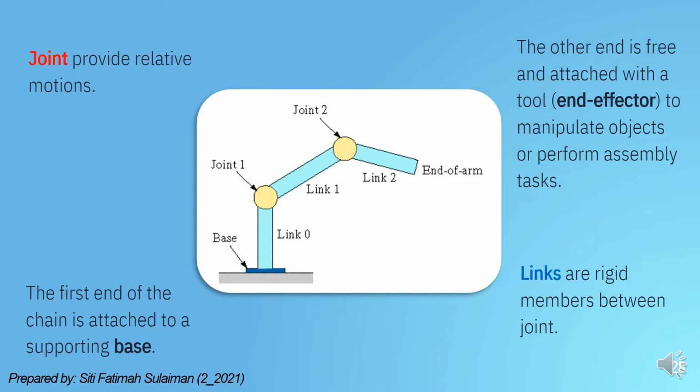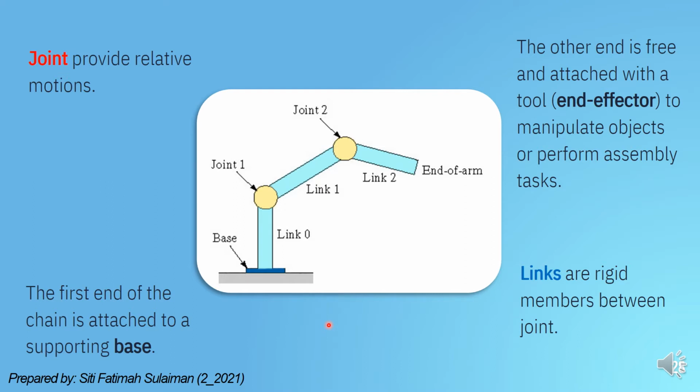Okay, the figure in the slide shows some of the important elements of a robot manipulator. So base, as you can see here, base is the first end of the manipulator, and it is fixed. Base is fixed, and it is used to support the robot.